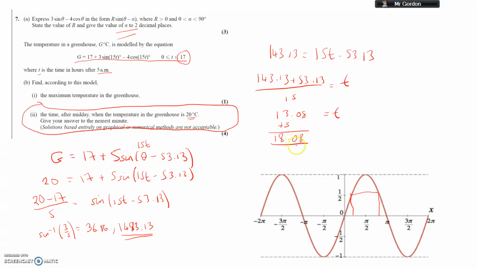Now, you're going to need to convert this, what is 0.08 of an hour? Turns out to be 5 minutes. So the actual answer is 6:05 in actual time. That is 18.08 hours from 5 o'clock. So that is the time that the temperature reached 20.